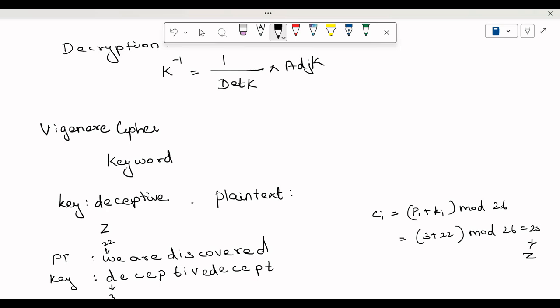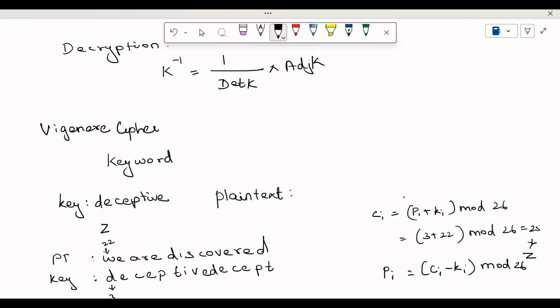So here W is encrypted as Z. And similarly with regard to the decryption, how will the receiver proceed? The receiver will also know this key and will have the ciphertext. He will place the key corresponding to the characters of the ciphertext, and then proceed with the decryption. P is equal to the positional value of the character of the ciphertext minus the positional value of the character of the key mod 26.